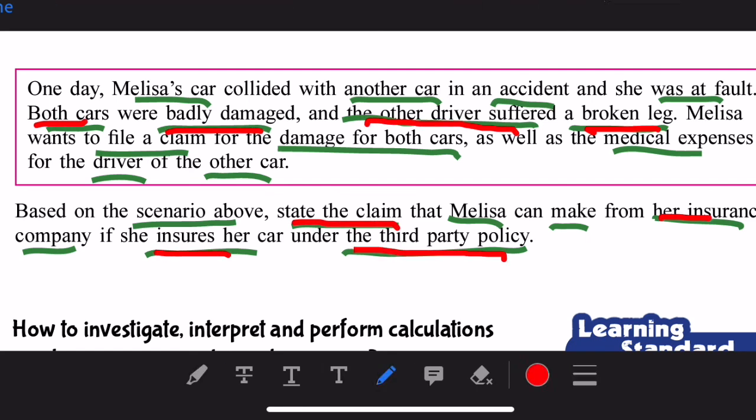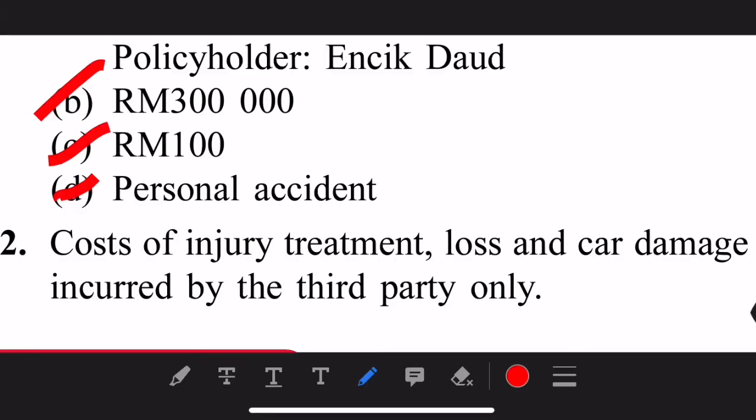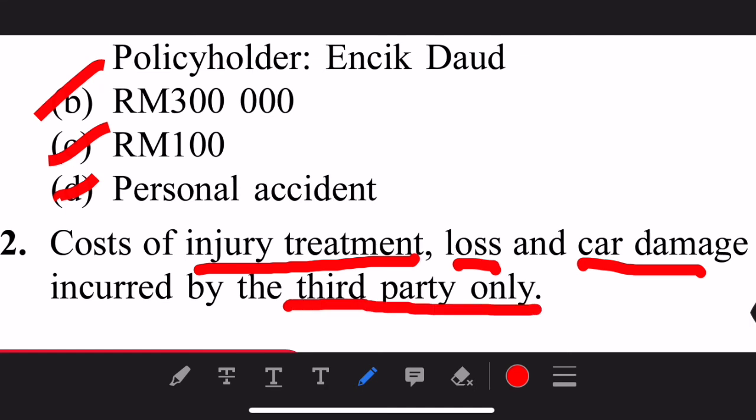The answer is the cost of injury treatment, loss and car damage incurred by the third party only. The cost of injury treatment is also covered by the insurance, because the driver broke his leg, so the injury treatment is quite expensive.